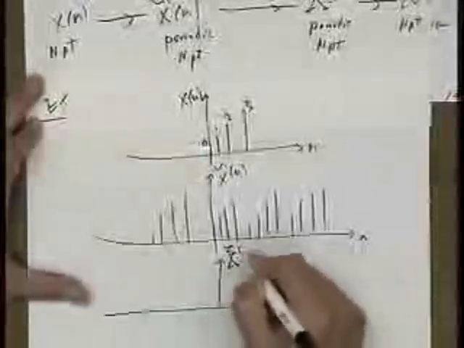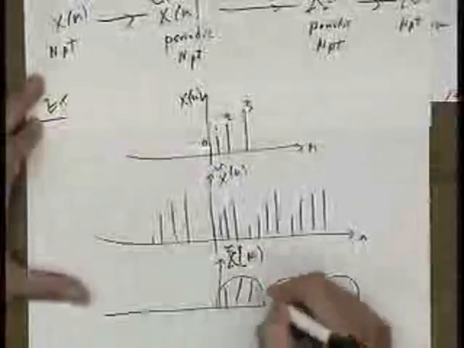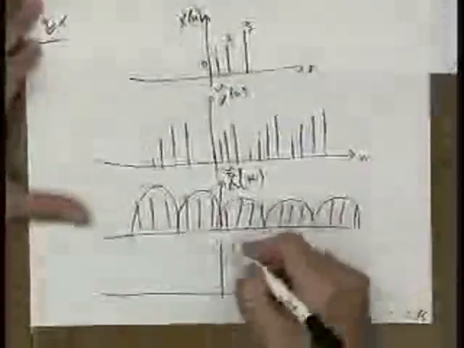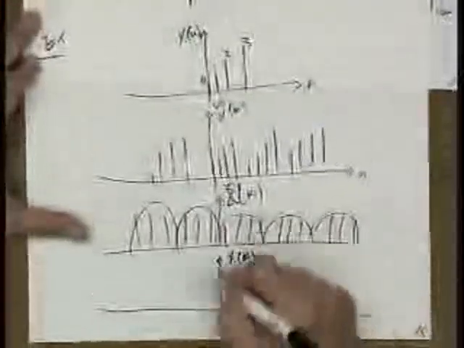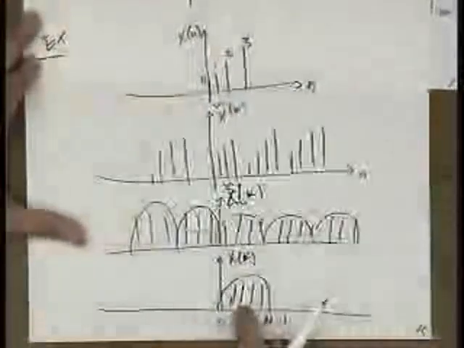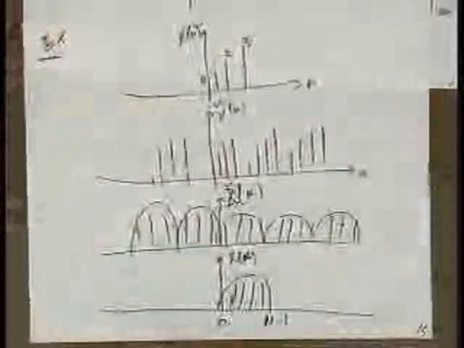That's x tilde of n. And then I compute x tilde of k. So it'll look like some periodic thing again. And then I extract one period of it, which is just this guy. That's it. 0 to N minus 1. That's the DFT of that. So make this periodic, take the DFS, and then extract one period.